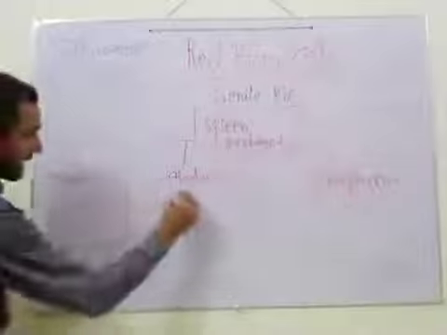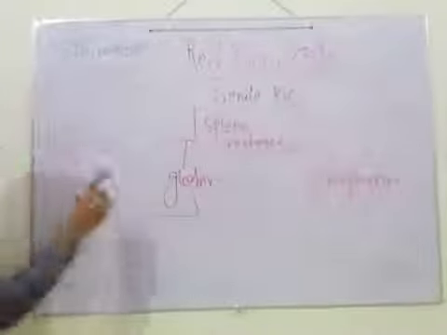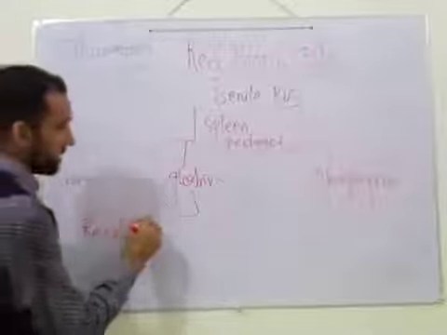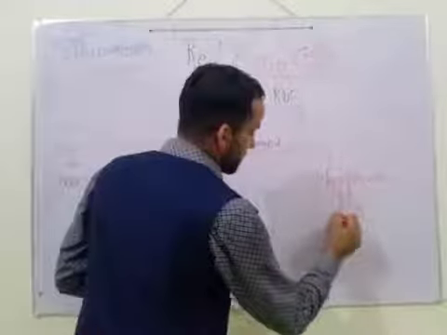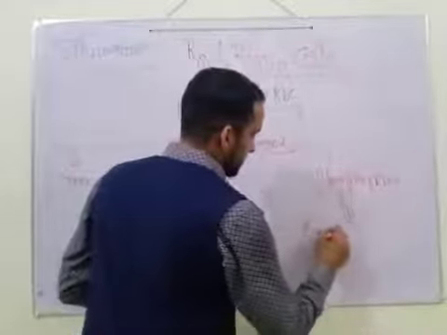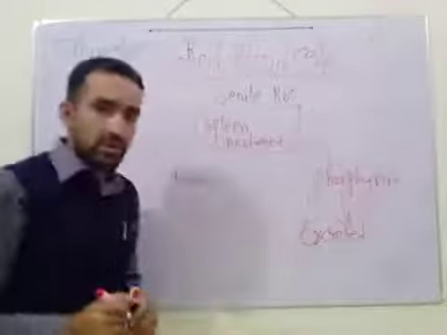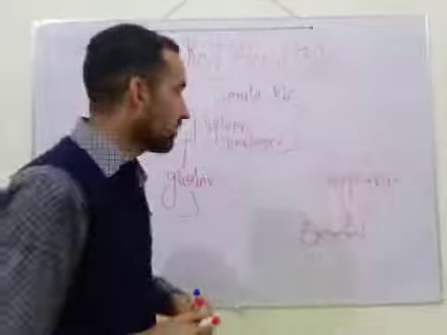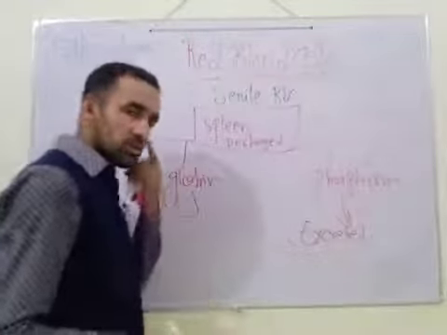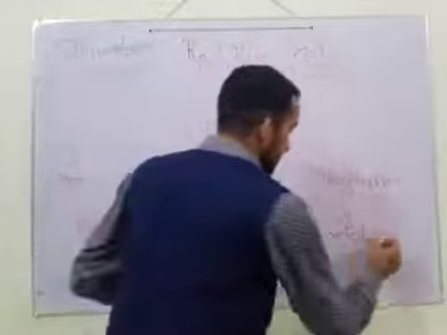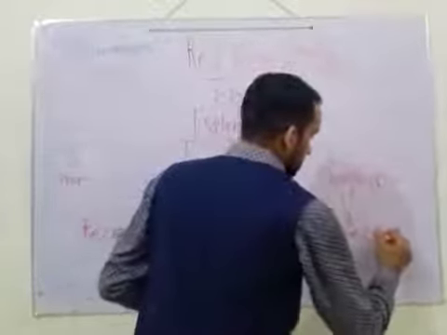So iron and globin are reused by the body, and porphyrin is excreted either as bilirubin or urobilinogen. In the form of bilirubin it is excreted in the stool, and in the urine urobilinogen is excreted from the body.